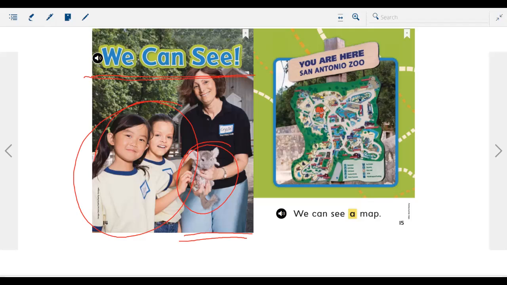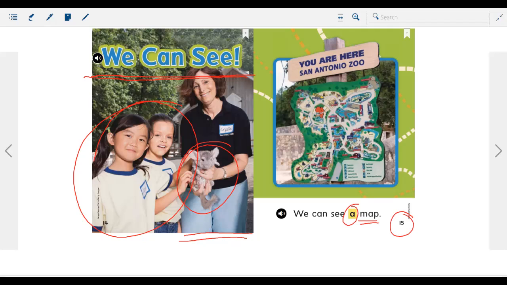Now, let's start on page 15. I want you to look for a high frequency word in there. A. Can you find the high frequency word? It's right here. That is the high frequency word A. And I want you to look at the word map.